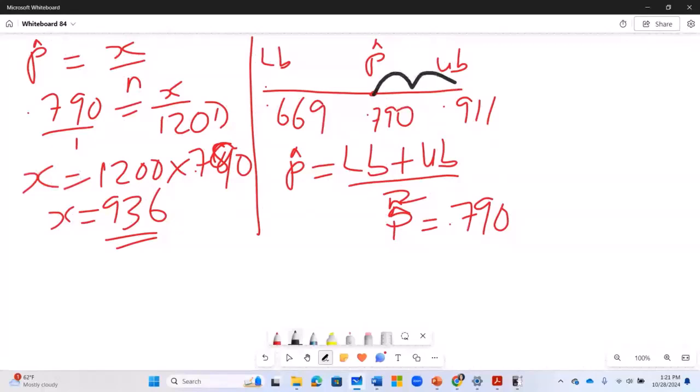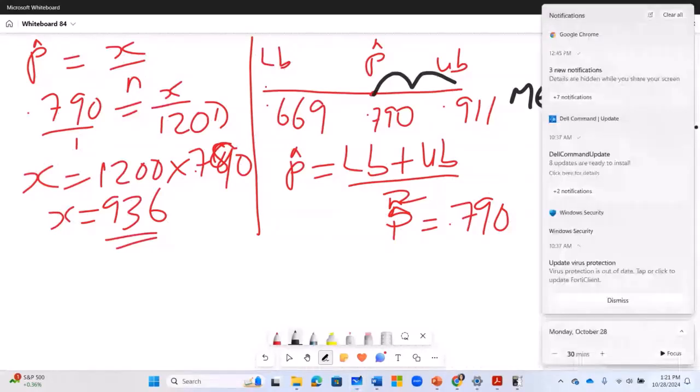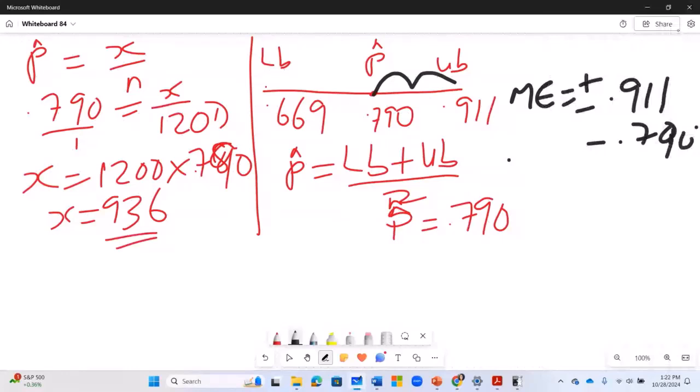I can put plus or minus because p hat is the midpoint of the line. So it is 0.911 minus 0.790. And 0.790 is the point estimate. So I'm looking for this distance.